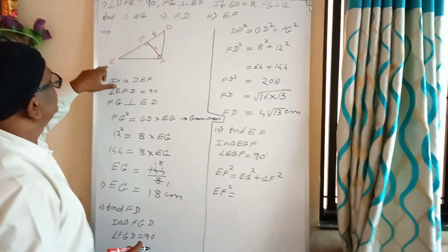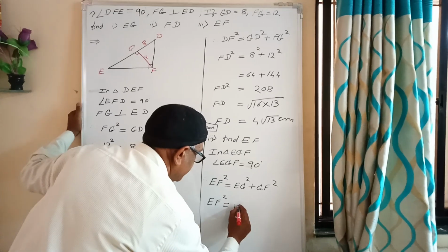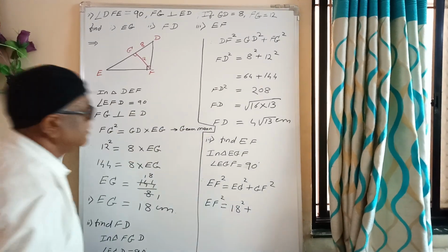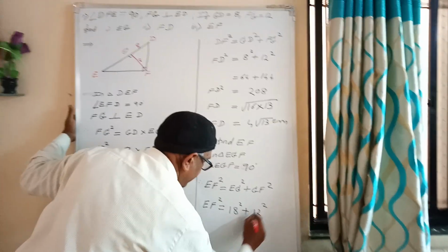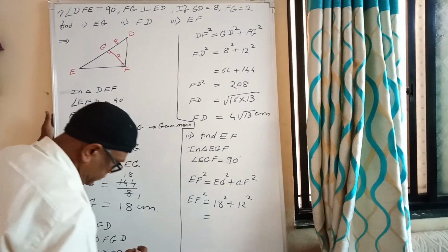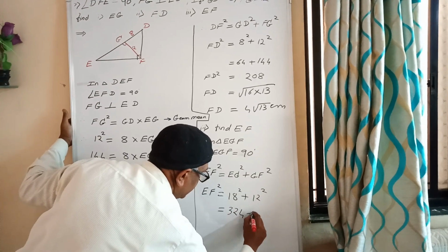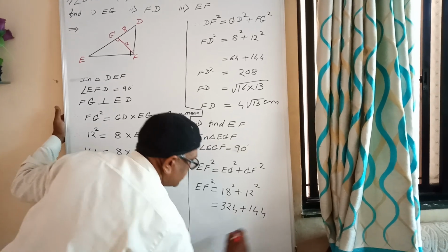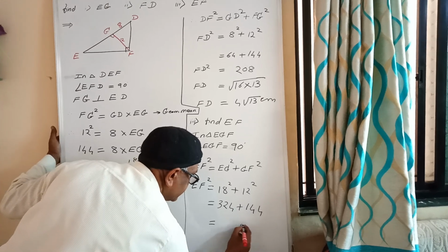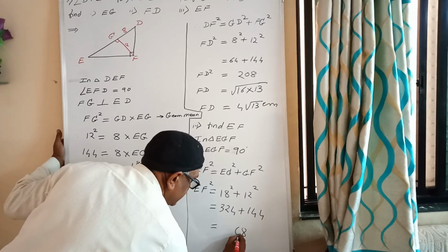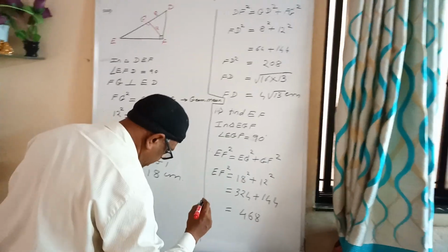EG we have calculated, that is EG is 18 square. GF is 12 square, which is equal to 18 square is 324 plus 144, that is 12 square, which is equal to, adding this, 4 plus 4 is 8, 4 plus 2 is 6, 3 plus 1 is 4, 468.